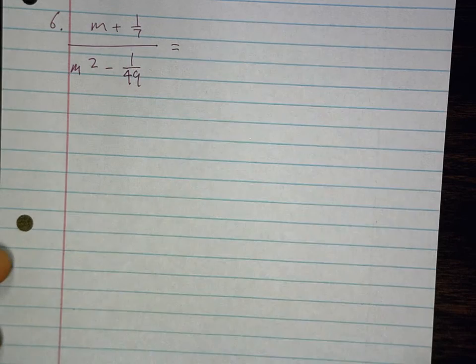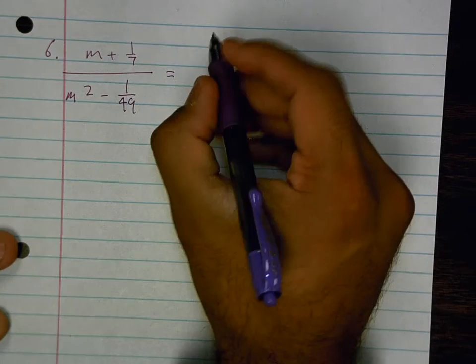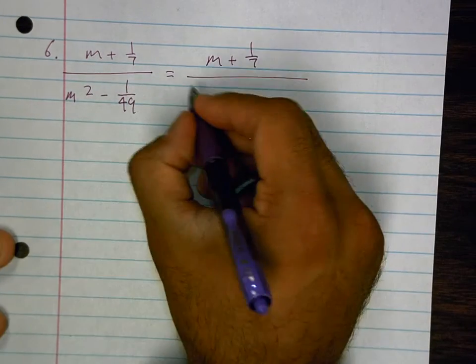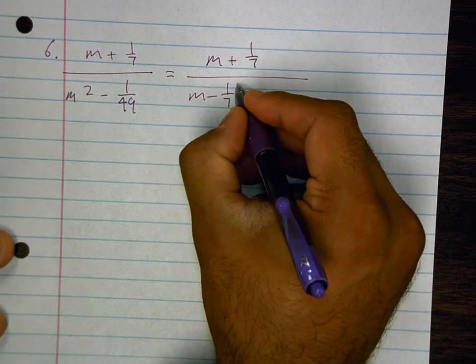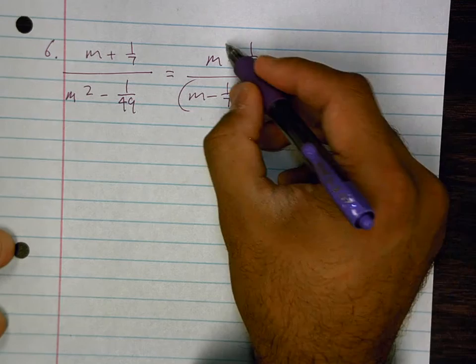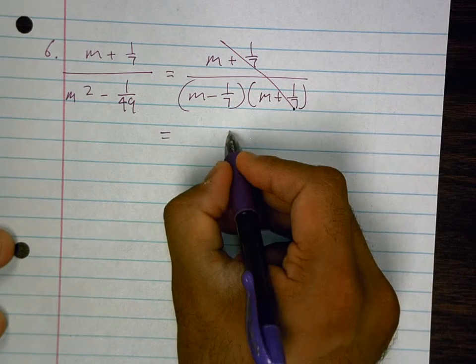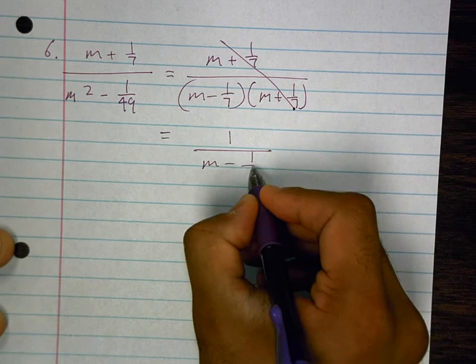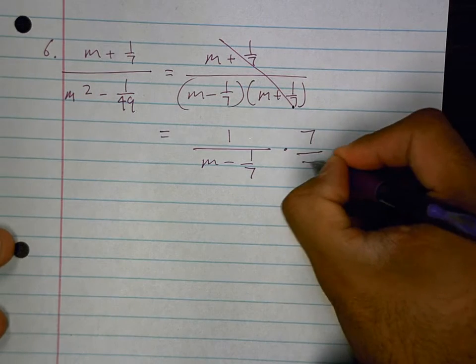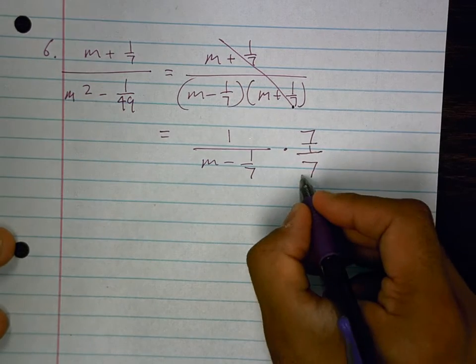If you look at this one, it's actually not too bad, because you really have a difference of squares. Alright, and those cross off. So we're basically looking at 1 all over m minus 1 over 7. So the only little fraction here is 7. So I multiply everything by 7. And remember, you're thinking of it as 7 over 1.